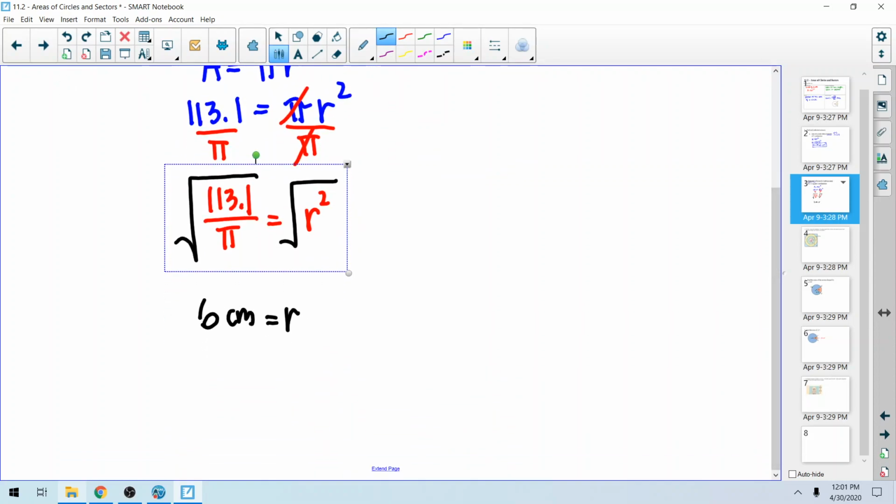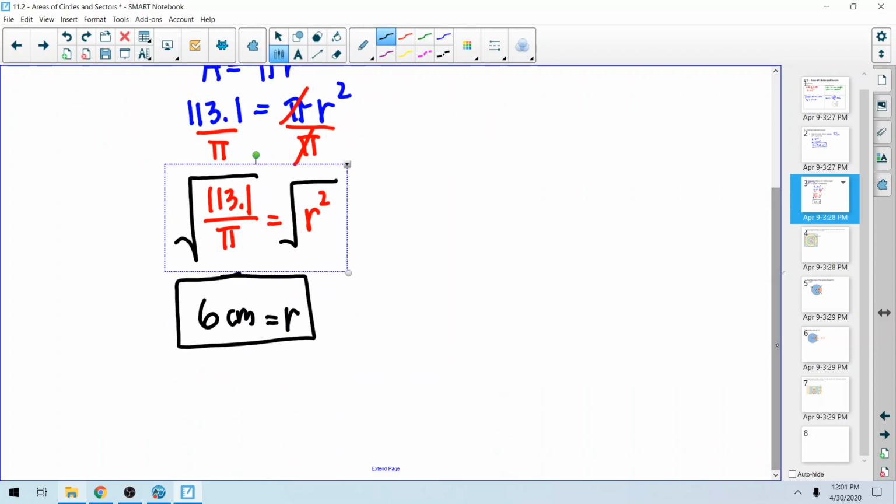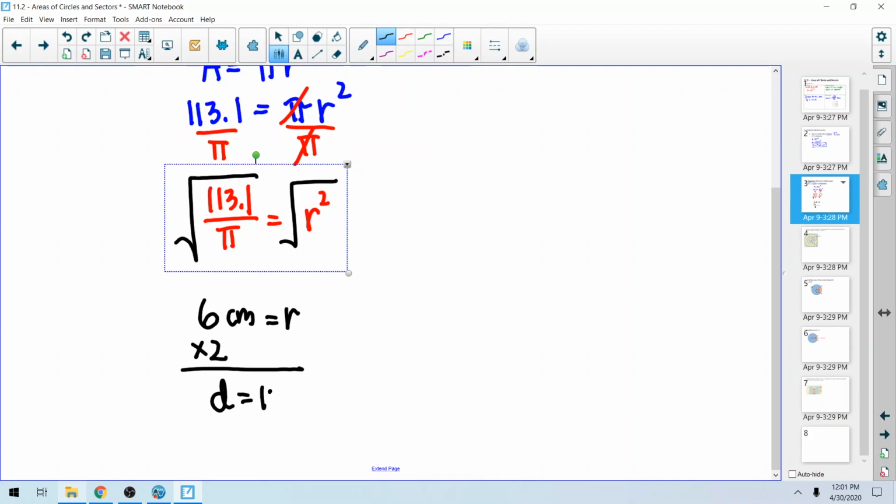Okay, this time it's not squared because we went from area to radius, and I just realized that's not actually our answer, because they didn't ask for the radius, did they? They asked for the diameter. So then we need to take that, let me erase this box, and times it by 2, so our diameter is actually 12 centimeters.